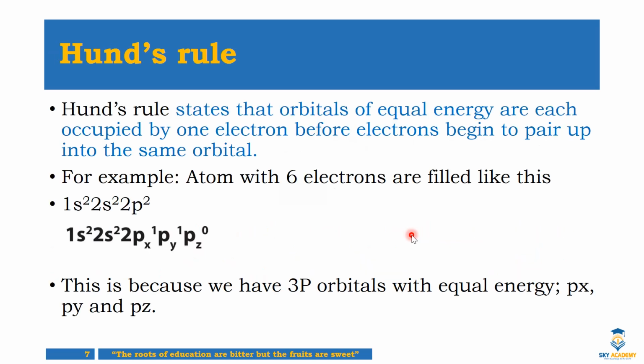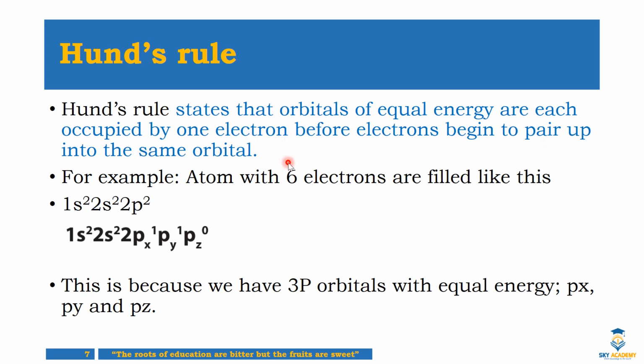So there is another rule which is called Hund's rule. Hund's rule states that orbitals of equal energy are each occupied by one electron before electrons begin to pair up in the same orbital. Let me repeat it once. Hund's rule states that orbitals of equal energy are each occupied by one electron before electrons begin to pair up in the same orbital.